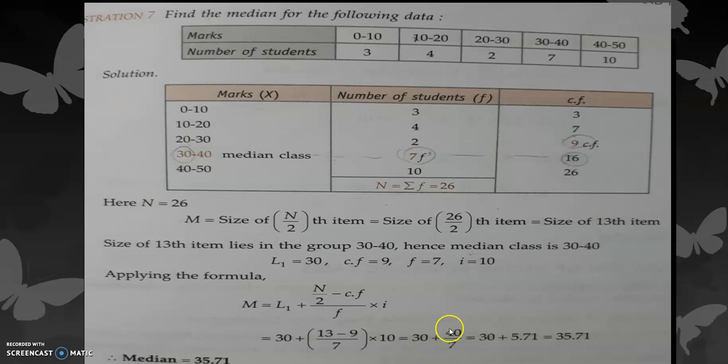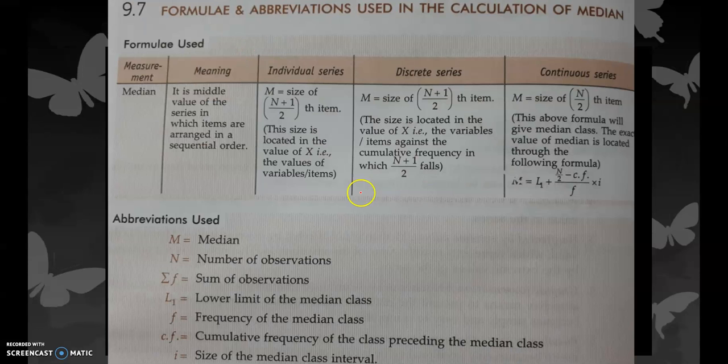So 30 plus 40 divided by 7, that is equal to 30 plus 5.71, that means 35.71. So the median is 35.71.